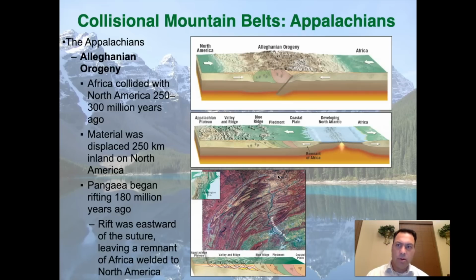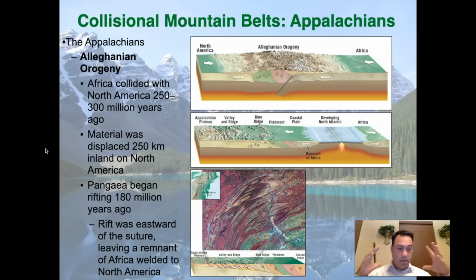The last stage is going to be the Alleghenian orogeny. This is where you really get two continents. Just like India colliding with Asia and forcing up these giant mountains, we have the Alleghenian orogeny. This is where Africa is colliding with North America at 250 to 300 million years ago. The material that was displaced from Africa is 250 kilometers inland on North America.